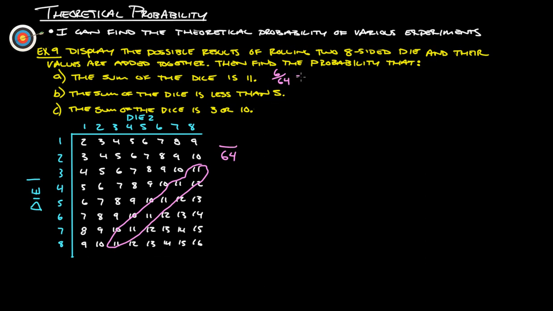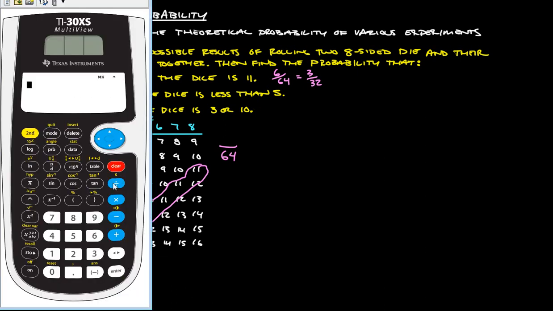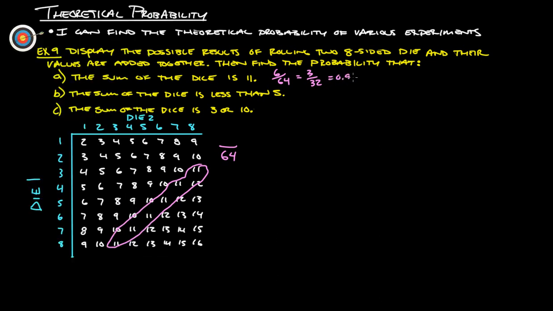Okay, so again, we can reduce that down to 3 out of 32, right? And then if we calculate that out, we get 3 divided by 32, which gives us 0.094 or 9.4%.